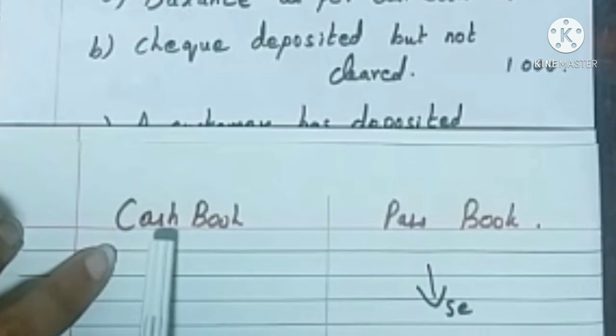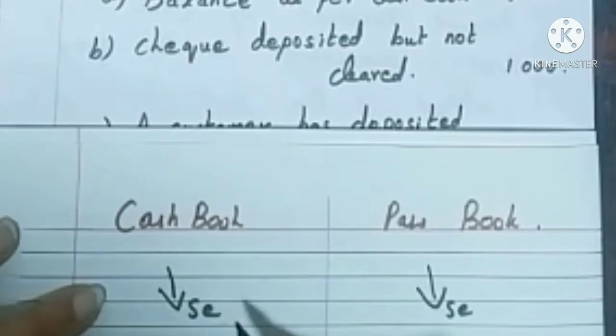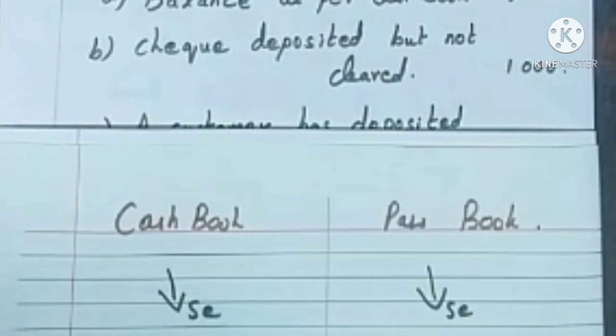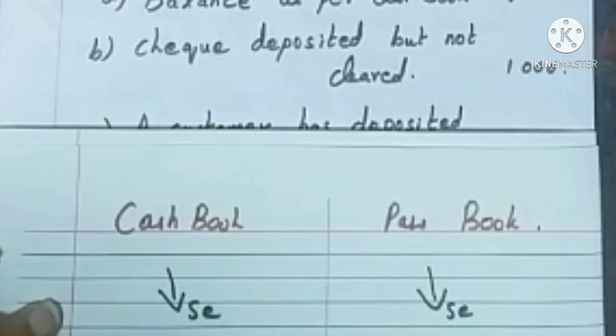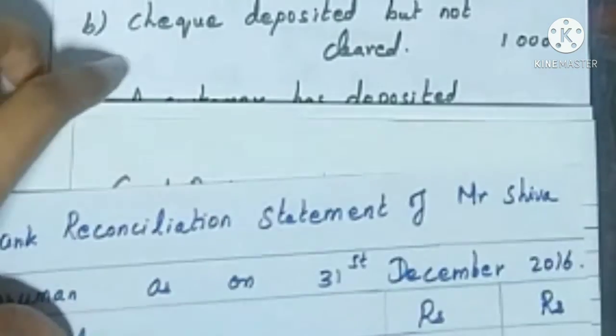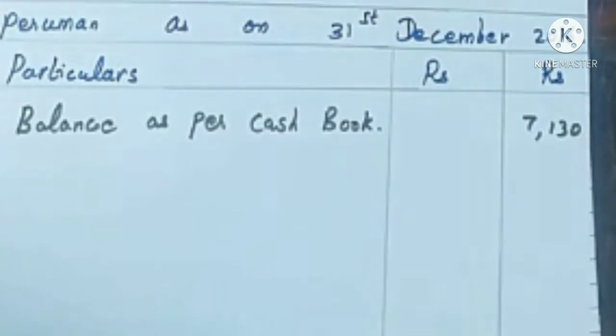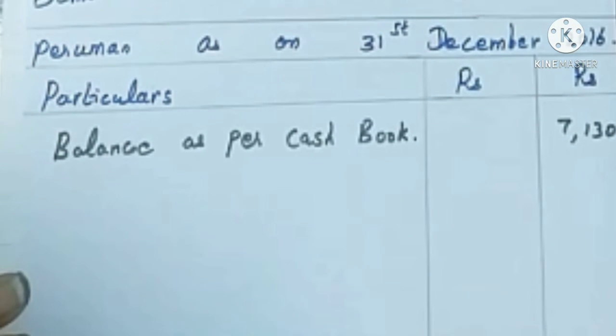In order for the cash book to reach the passbook balance, we should also reduce our cash book balance. So now, check deposited but not cleared should be shown as a deduction in the bank reconciliation statement. So in the BRS statement, now I am going to deduct check deposited but not cleared.